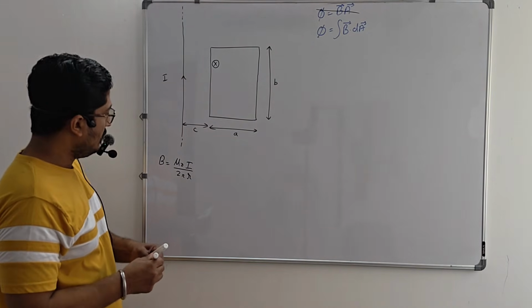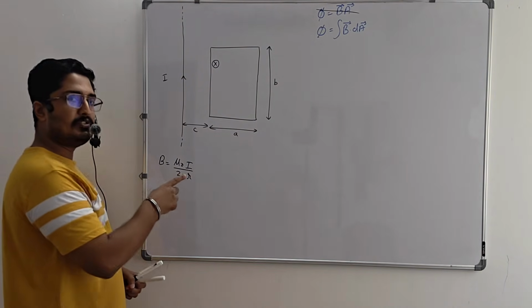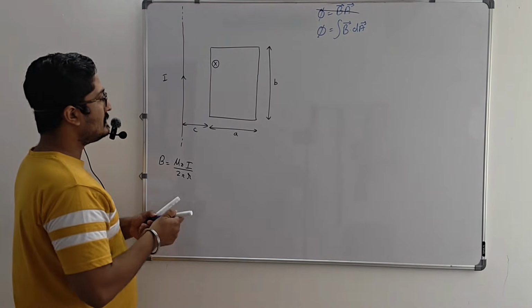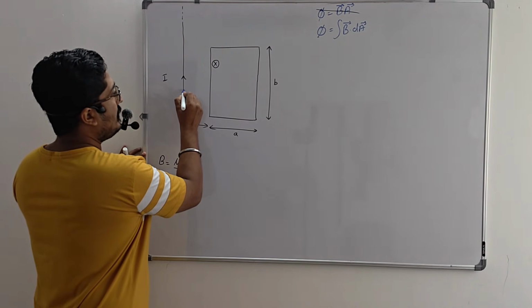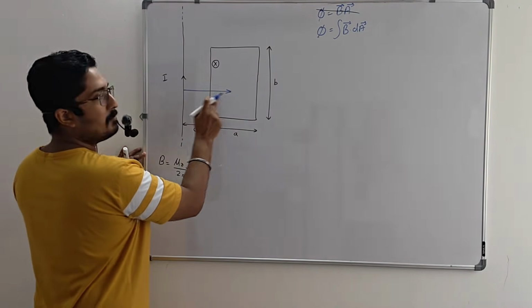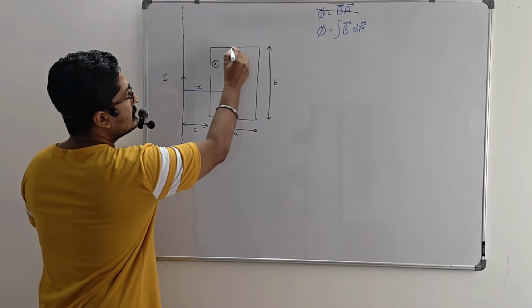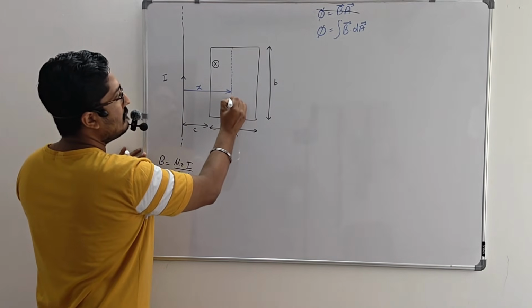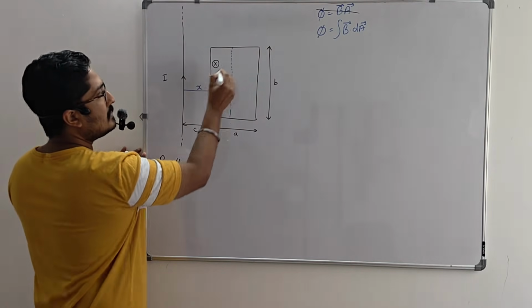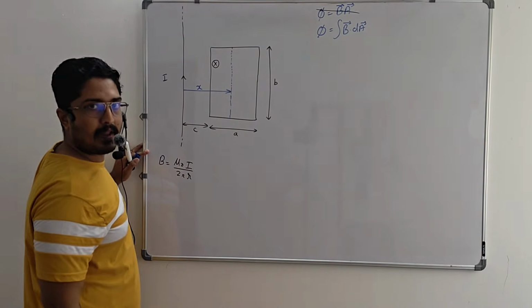Now if you think of it, my magnetic field is changing with the distance. So if I am at a constant distance from the wire, let us say x, then everywhere at that same distance x, I can expect to have the same magnetic field.